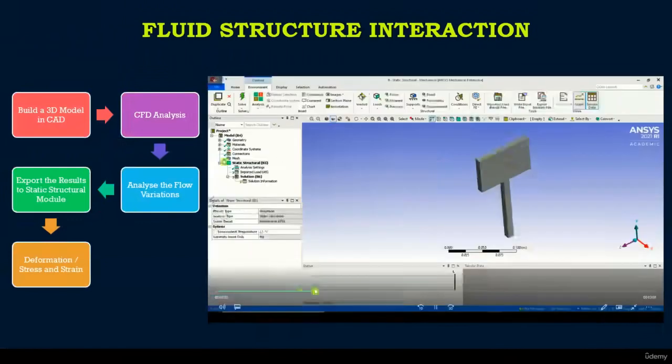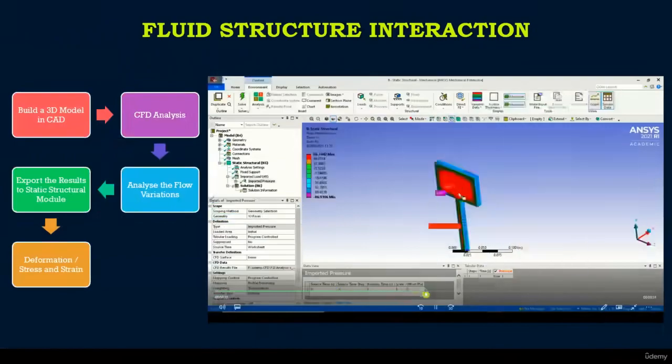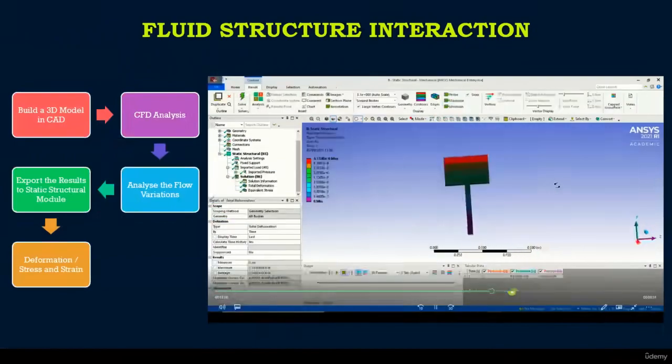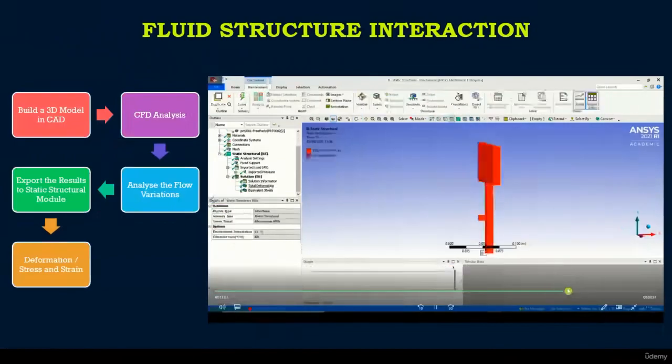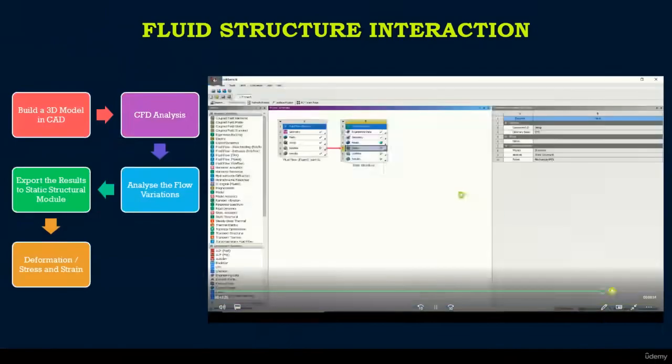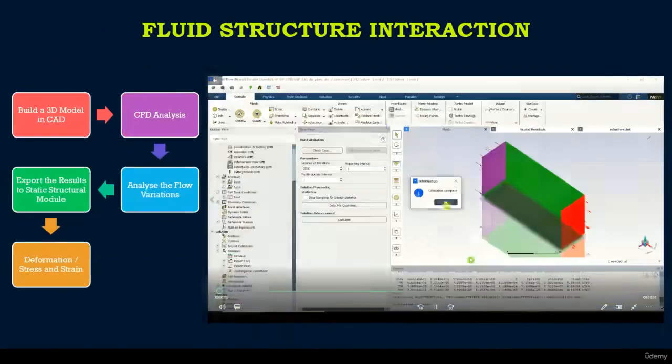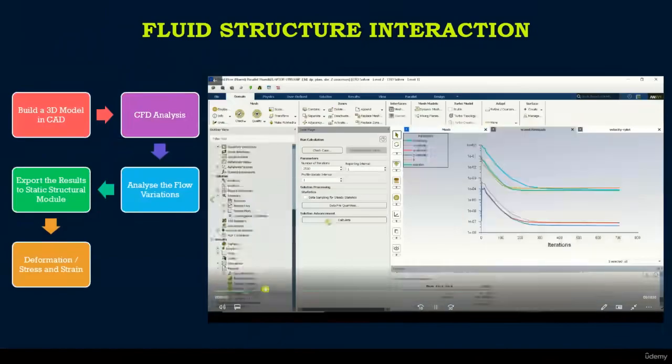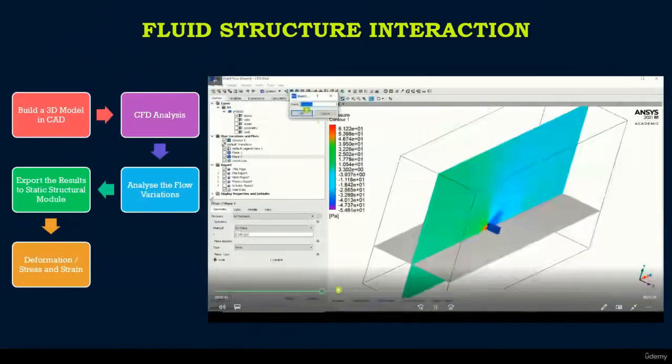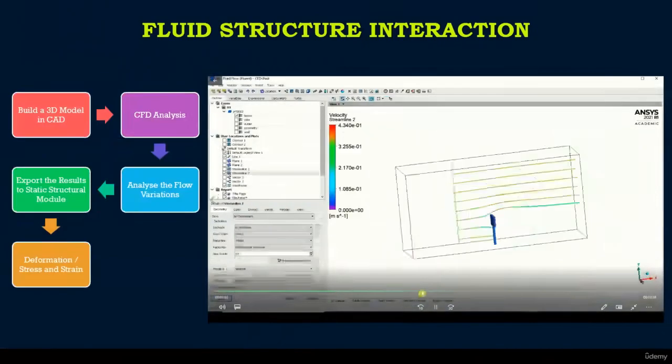We will utilize that pressure to import it into the static structural module of ANSYS Workbench, and then evaluate the deformation, stresses and strains on the particular body. This helps us understand the fluid and structure behavior on a body.